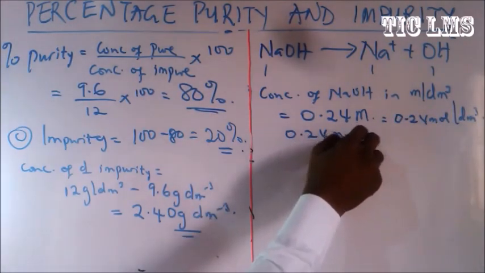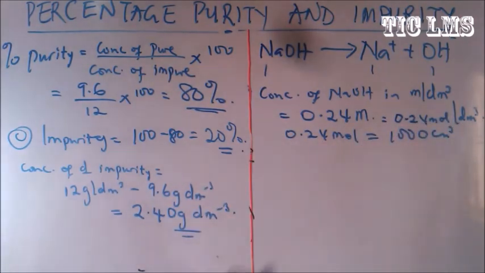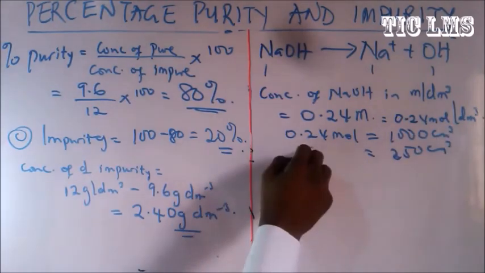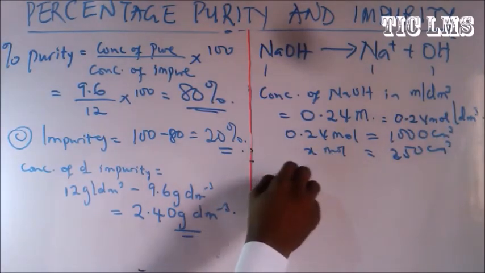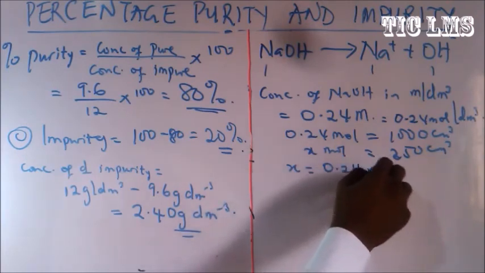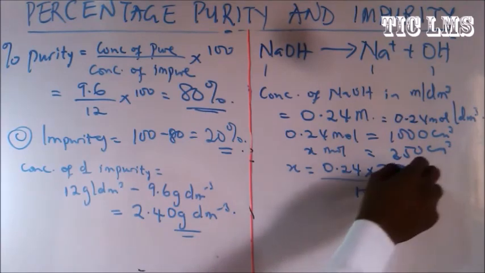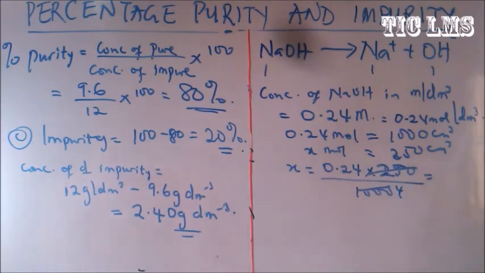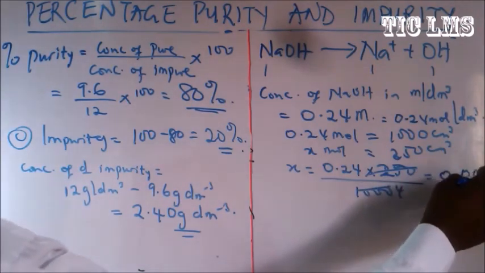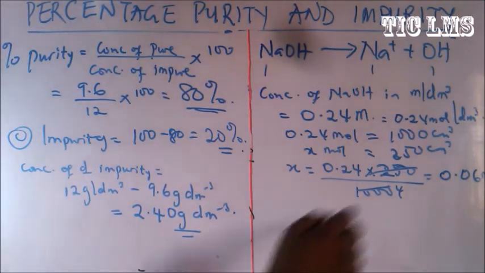If in 1000 cm cubed we have 0.24 mole, hence in 250 cm cubed, how many moles do we have? So we have it that X equal to 0.24 multiplied by 250 over 1000. That's 4. So 0.24 divided by 4, that produces 0.06 mole in 250 cm cubed of sodium hydroxide.